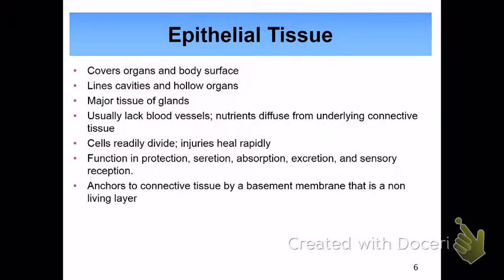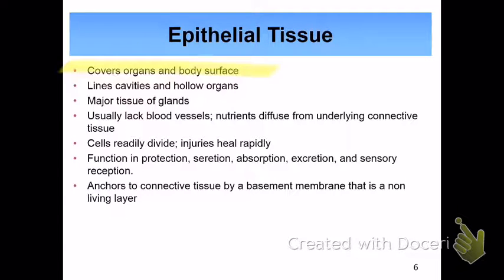Okay, epithelial tissues, we already said, these are the ones that cover organs and body surfaces. So highlight that. Their big idea is that they cover organs and body surfaces. They're in the cavity. So think back, the thoracic cavity, they're inside the cavity. They make up major glands, like the thyroid gland. They don't have blood vessels, so they're getting their nutrients from down below, by diffusion.